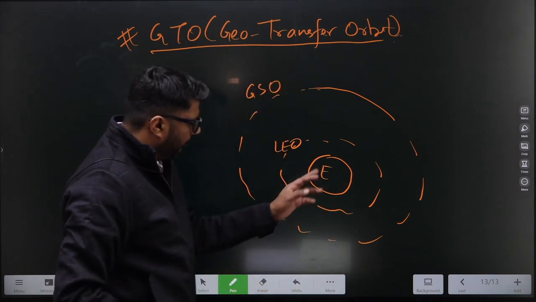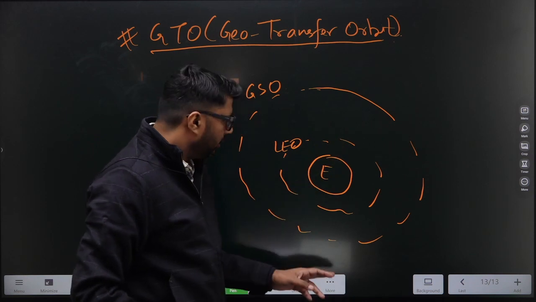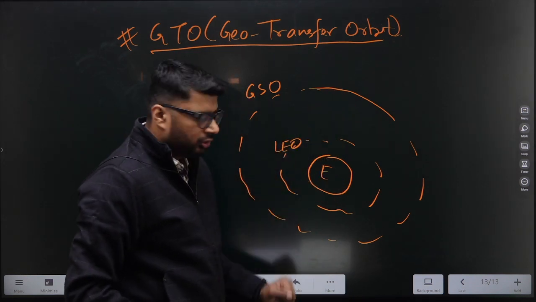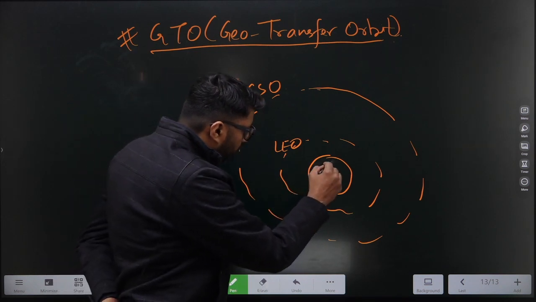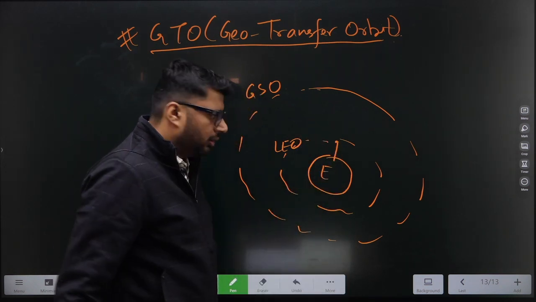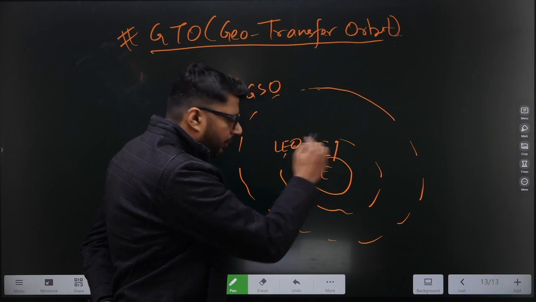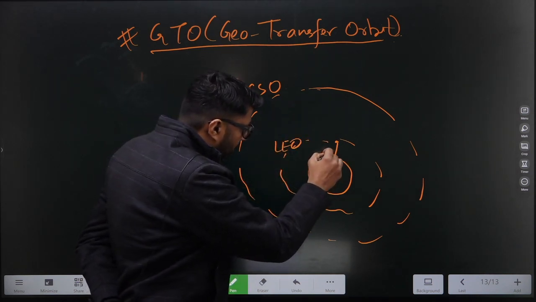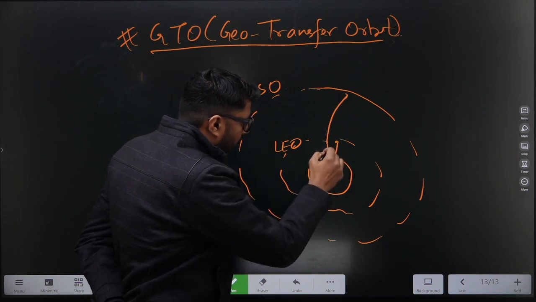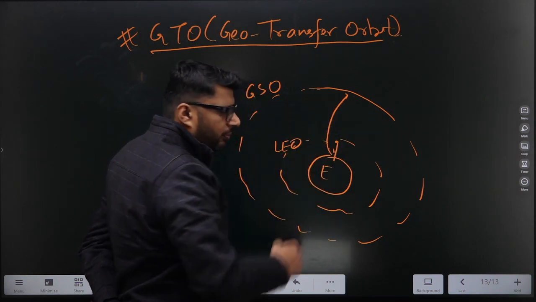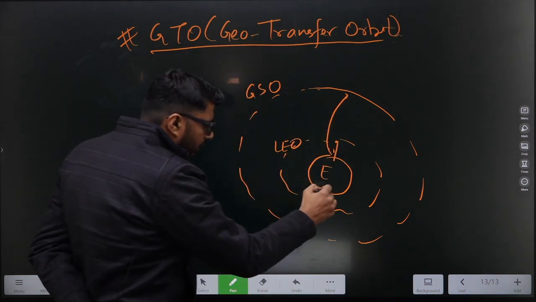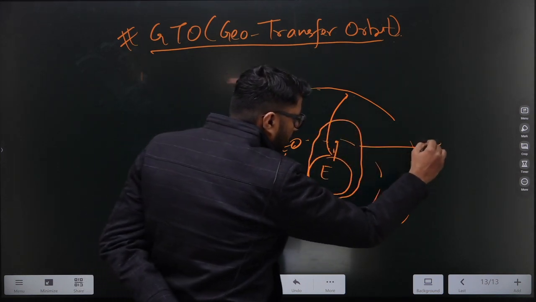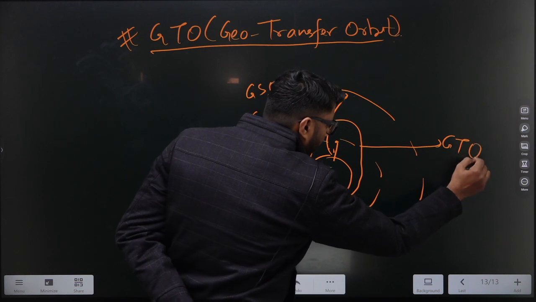If we have to launch a satellite from here and place it here, we have to cross this orbit also and then place it here. So for transferring from one orbit to another orbit, there is one orbit that is called a geo transfer orbit.